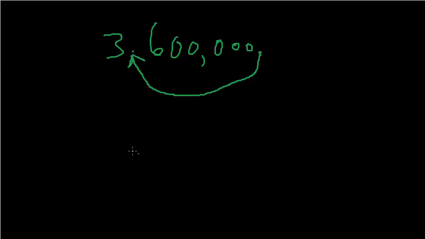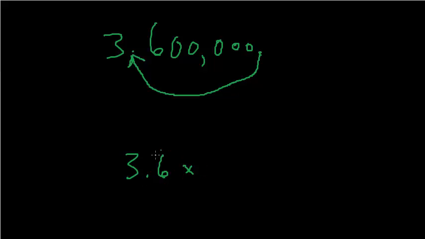So this would then give us 3.6, okay, and then we could drop off all of these zeros, but to maintain the idea that this is 3,600,000, we are going to multiply. Okay, this time scientific notation tends to use the x as the multiplication symbol rather than just the dot. So just a switch of symbols here.